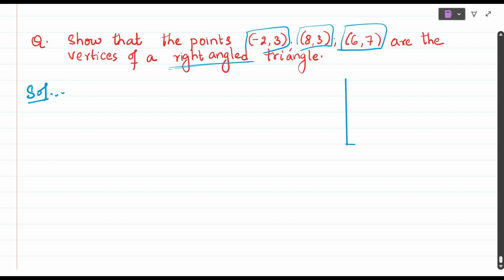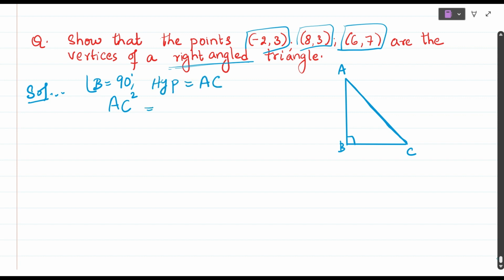This is A, right angled at B, and this is C. So what is the Pythagoras theorem? AC square, the hypotenuse is AC. Angle B is 90 degrees and the hypotenuse will be AC. So AC square is equal to the sum of the squares of the other two sides. Understood, students?